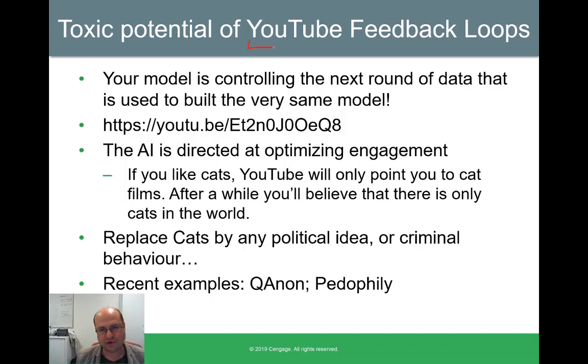That's a feature of the YouTube feedback loops. There's this talk on YouTube explaining the toxic potential of YouTube feedback loops. Basically, your model is controlling the next round of data that is used to build the very same model.